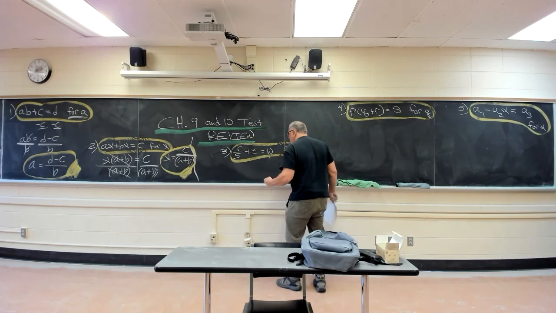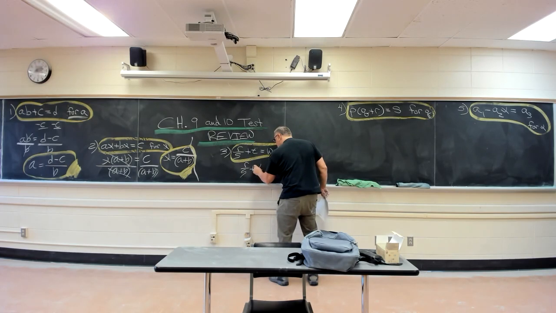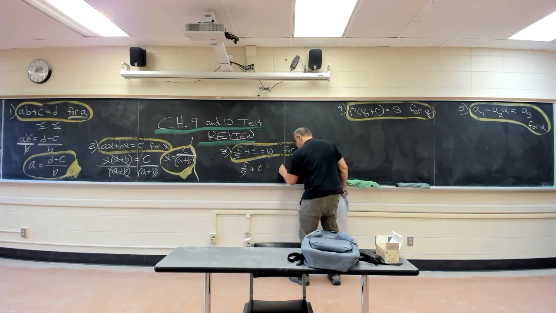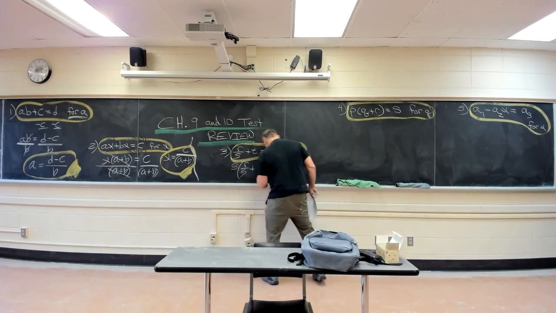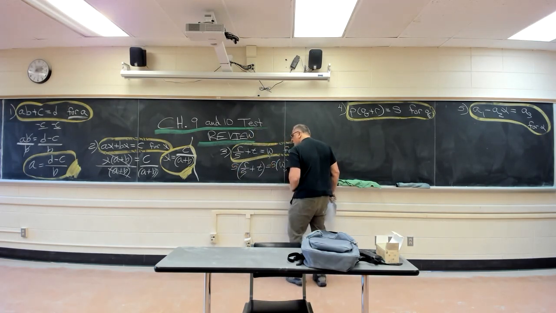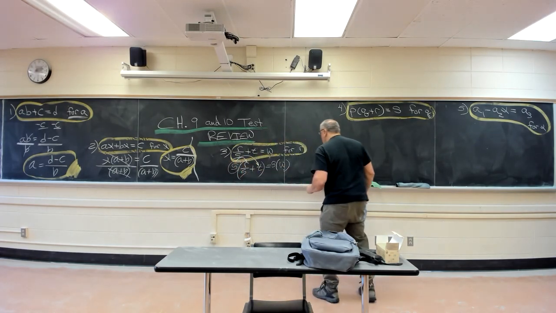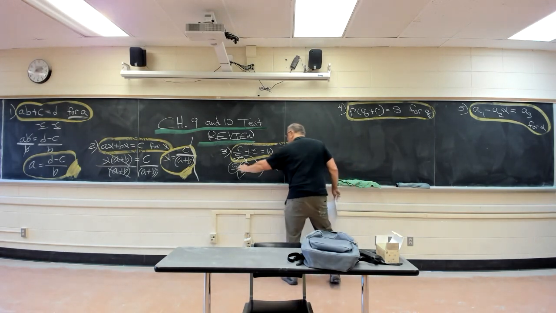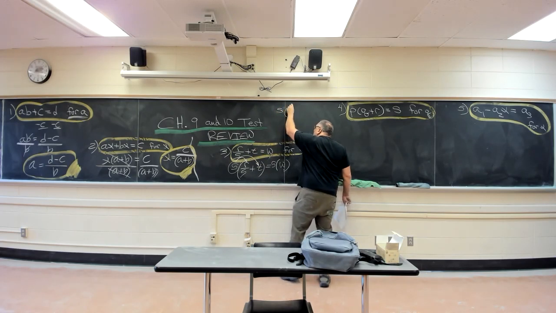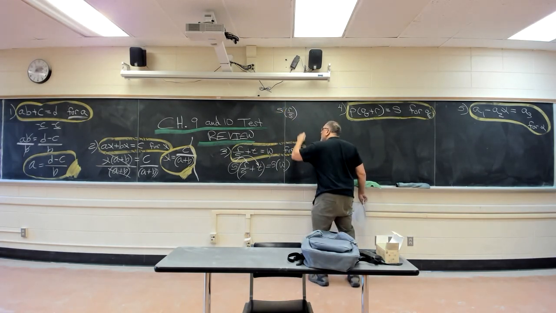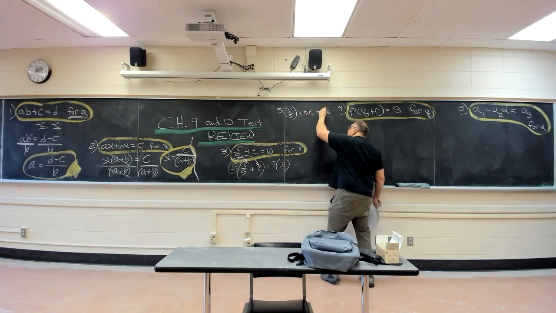Solve for R. Number of ways you could go here. I'd probably take R over S plus T equals W. I would take each side and multiply by S, just to get rid of the fractions. And we've gone down this path before in one way or another. S coming across, you've got S times R over S, ST, SW.